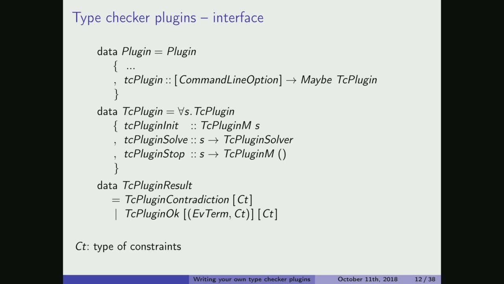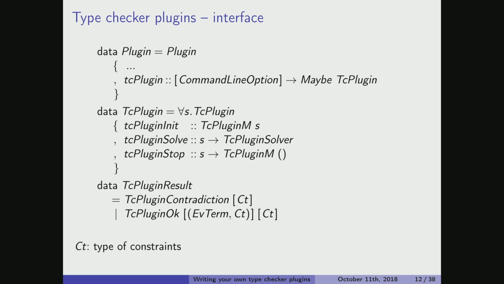Then there's some solver. So this is really what we care about and what we'll spend the most time looking at in this talk. And then there's some cleanup function afterwards, after we've solved all the constraints and run all the iterations of the type checker.